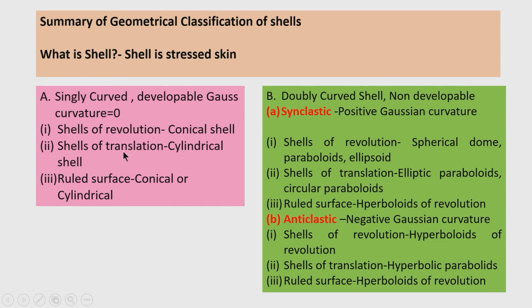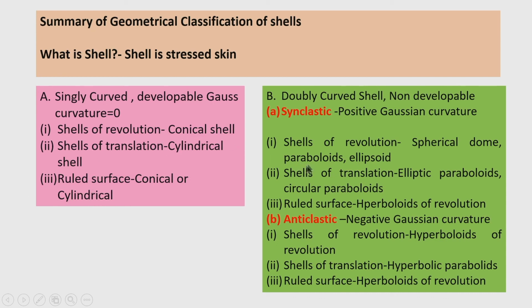Shells of translation are formed by moving a straight line over a plane curve, where the straight line is called the generator and the plane curve is known as the directrix. For that type of shell I have given the example of the cylindrical shell. Then ruled surface: the conical shell is also a ruled surface, and the cylindrical shell is also a ruled surface. So, these are some of the examples.